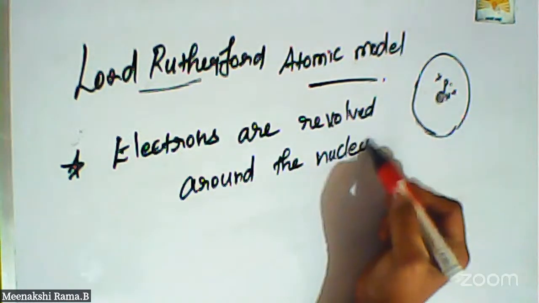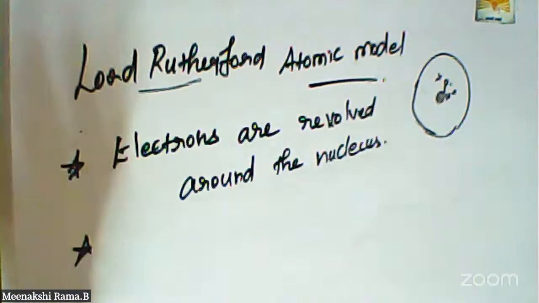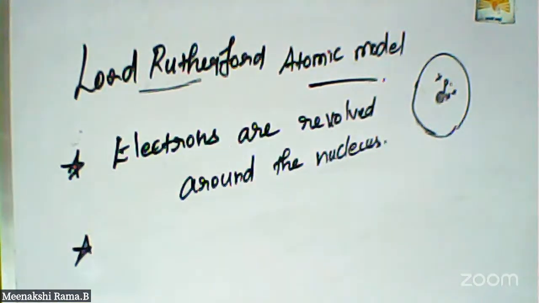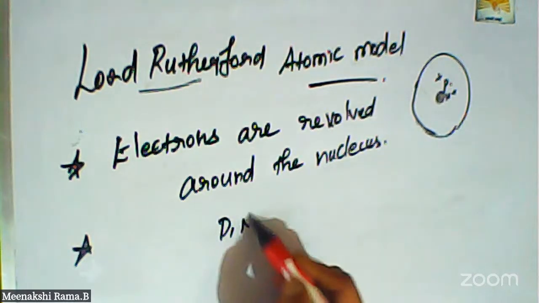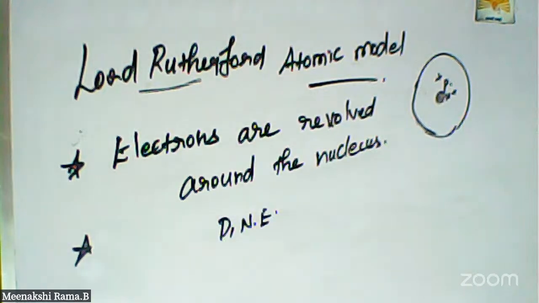This is the fourth point of that Rutherford atomic structure. Next, the atom contains protons, neutrons, and electrons. Protons and neutrons contain the charges. The electrons have no charges. This is the last point.